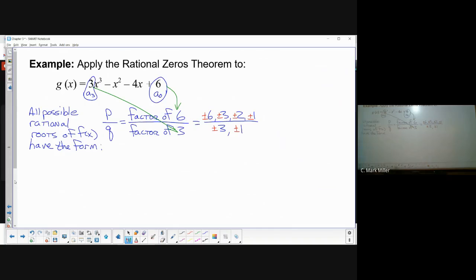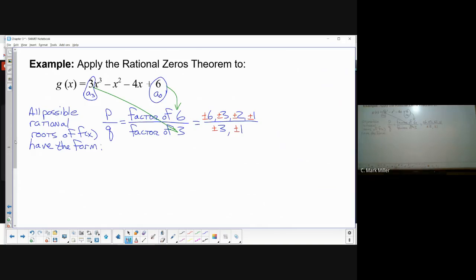Now, we're not doing good math here. Or, in other words, we don't write fractions like this. This is symbolic, so to speak, right? Just imagine all the factors of 6 on the top, all the factors of 3 on the bottom.